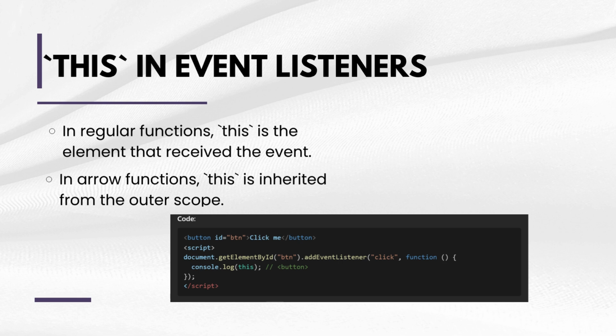That means in a regular function used in an event listener, this refers to the HTML element. In our case here, that element is the button, because it is the button that receives the event.